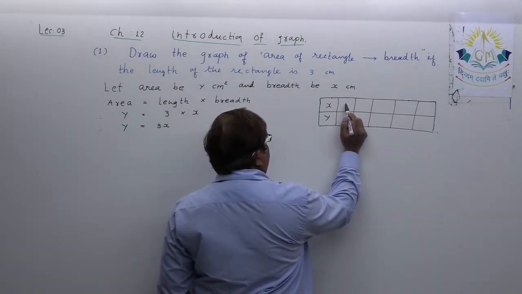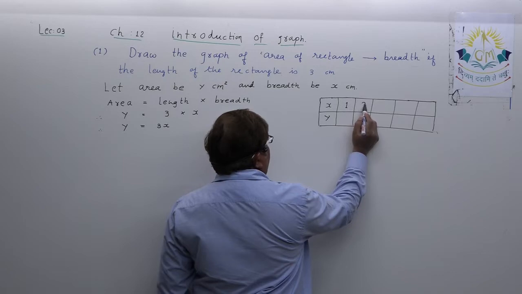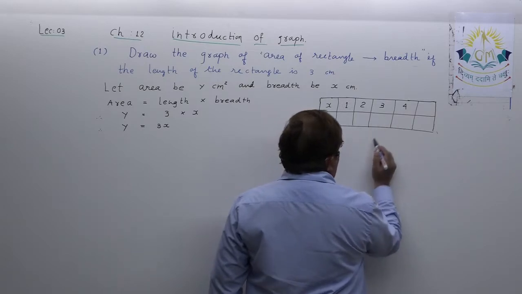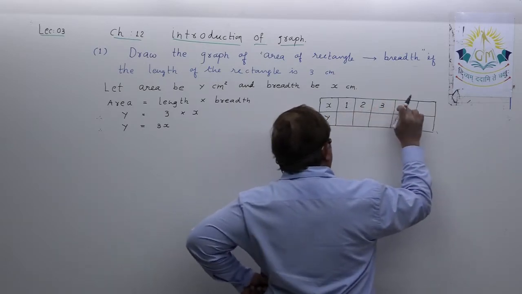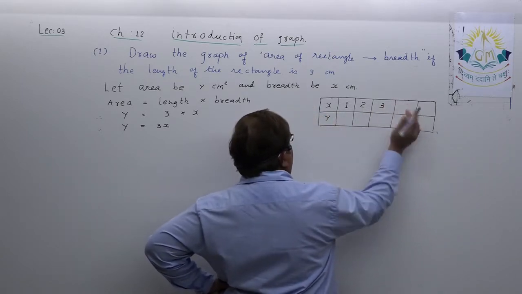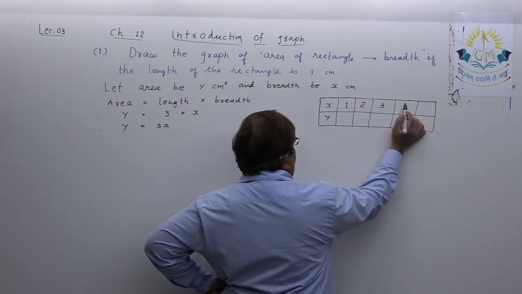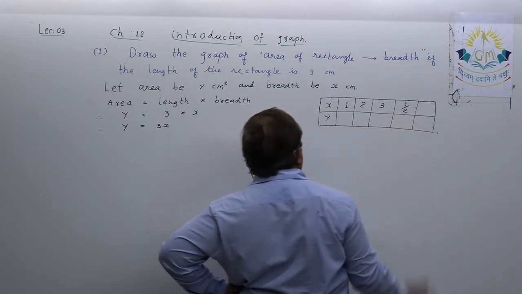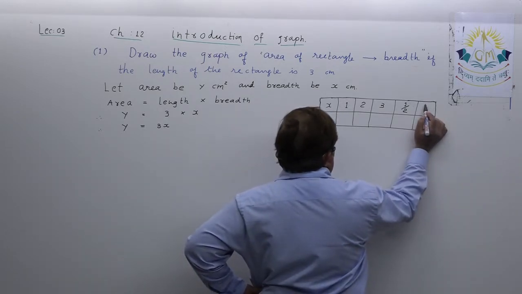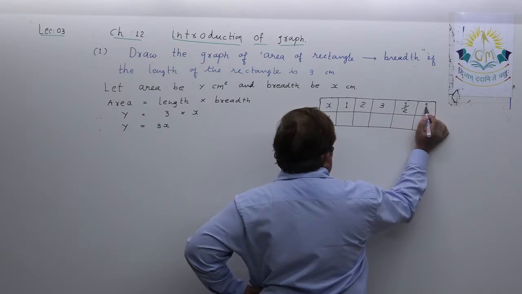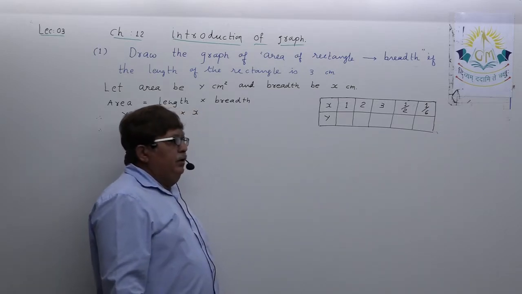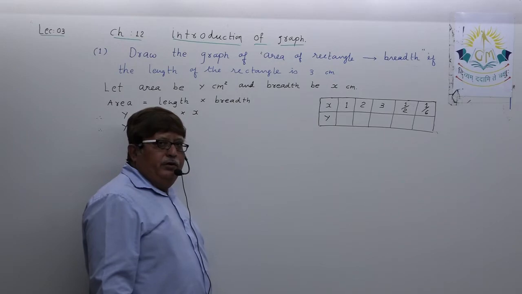So I may take 1, I may take 2, 3, 4, or even I can take 1, 2, 3. Suppose I do not want to take 4. 1, 2, 3 I have taken. Now I may take 1 upon 2 also. You can take any measurement, dear student. Understood? I may take suppose 1 upon 6. Okay? You have to take positive measurement only.